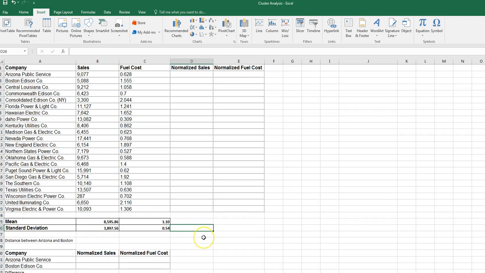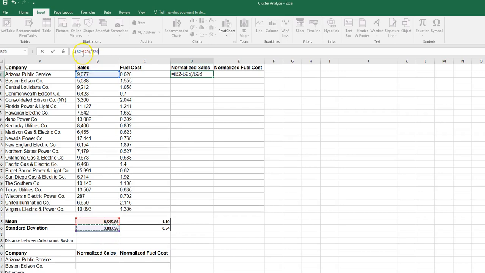So now let's try to calculate the distance between Arizona Public and Boston based on 2 variables, sales and fuel cost, by normalizing those variables first. To calculate the normalized sales, I'm going to subtract each observation from its mean and then divide it by its standard deviation.